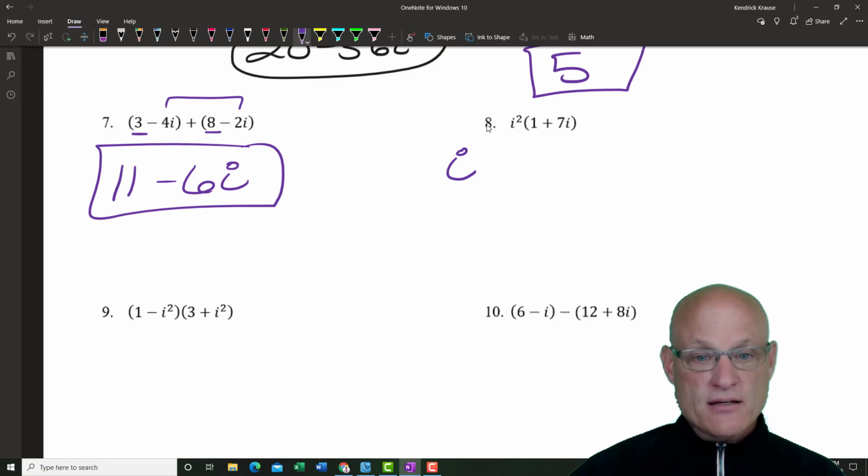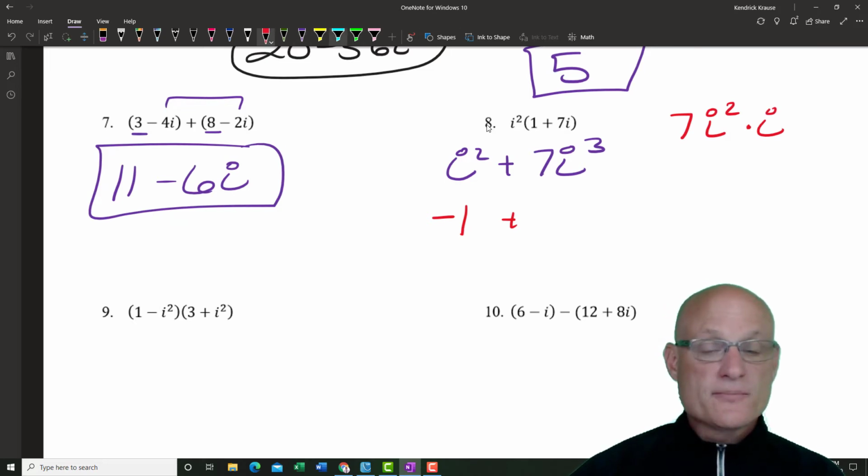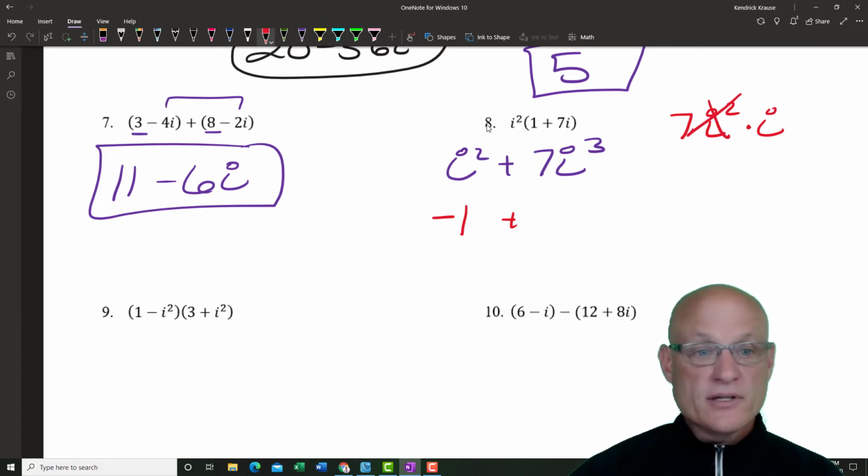We get i squared plus 7i cubed. All right, we got some issues. i squared is negative 1. So that's easy. Plus. So this 7i cubed, I can rewrite it as 7i squared times i. Well, what is i squared? It's really negative 1.